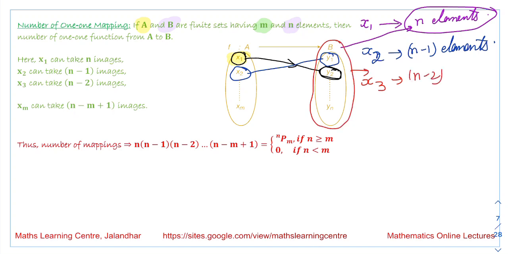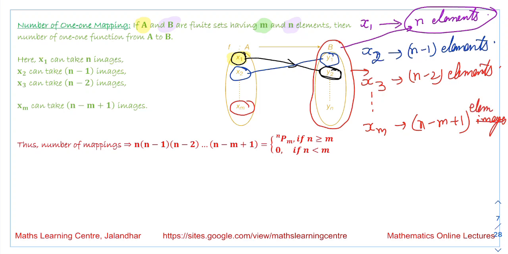It is n minus 2 elements. And when we talk about the element xm, it can take n minus m plus 1 images, or we say it can be mapped to these many. We have the option of these many elements from which it will be mapped to one of them.